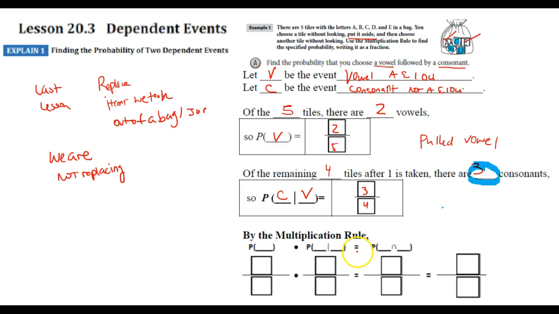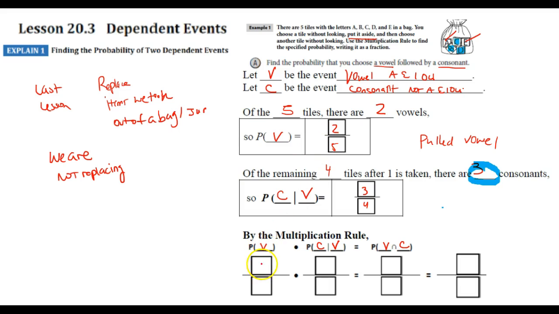Okay. So let's figure out, using the multiplication rule, the probability of this event occurring. We'll take the probability of a vowel occurring multiplied by the probability of a consonant being chosen after a vowel, which will be equal to the probability of a vowel and a consonant being chosen.